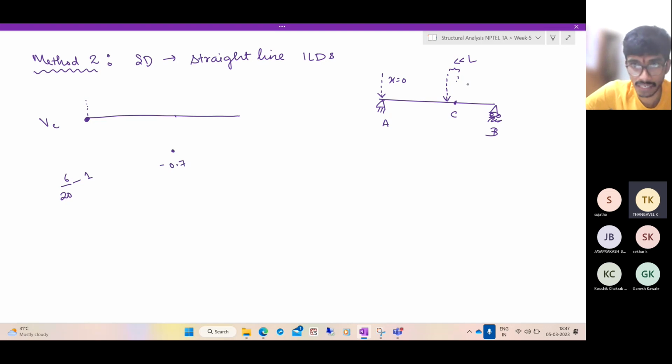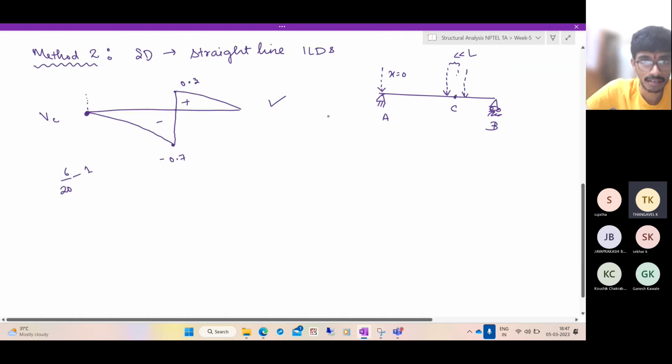Just to the left, it is minus 0.7. Now, if you take the load just to the right of this point, the left side reaction will not have the minus 1, so it will be 0.3. And when it is at the support at B, it will again have 0 shear force. So if you draw using method 2, the ILD will come out like this. Again, we got the same answer.